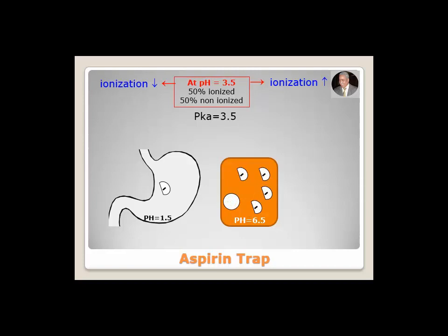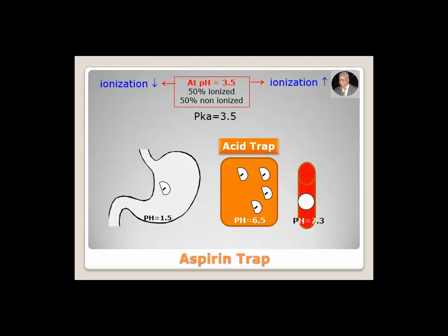Since this pH is much higher than the pKa of aspirin, most of the molecules will get ionized. The few non-ionized lipid-soluble molecules will cross the gastric mucosa, and the remaining ionized molecules will be trapped inside the gastric cells.